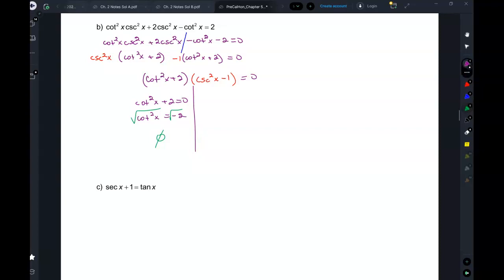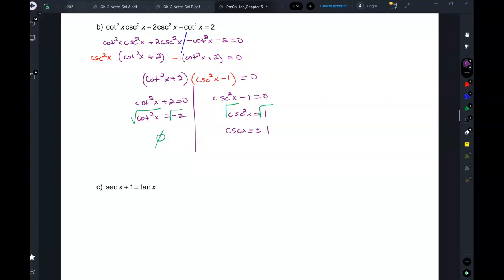So here I have cosecant squared x minus 1 equals 0. Cosecant squared x equals 1. Take a square root, and I get cosecant x equals plus or minus 1. So, where is cosecant equal to 1?